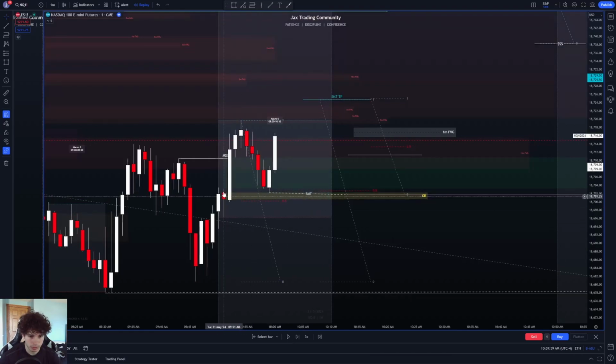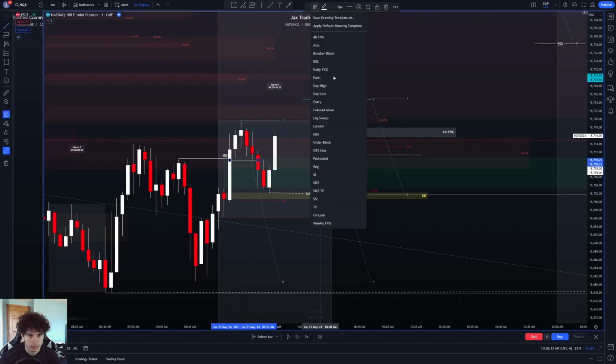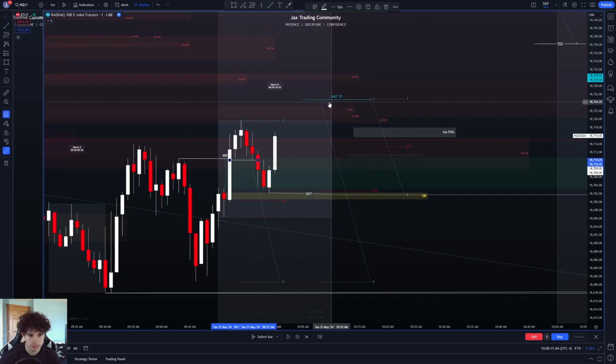We also do have this order block right here, which is close to discount. So you could take an entry off of this order block. Personally, me, if I was in this trade, I probably would take an entry in this fair value gap, right, targeting the upside.